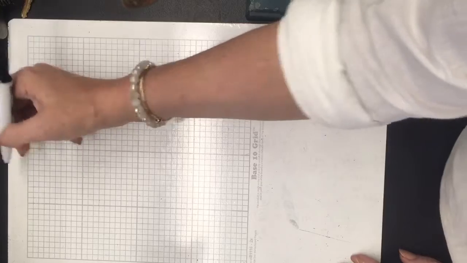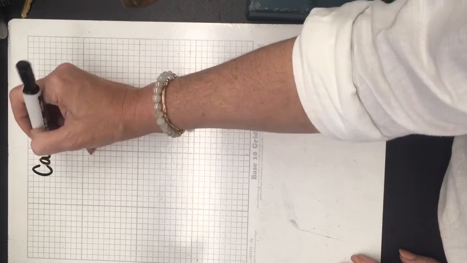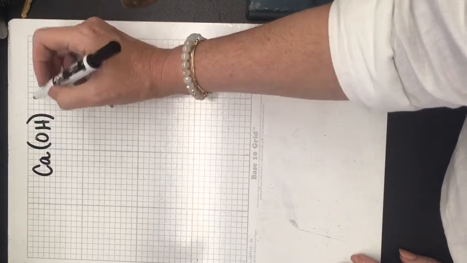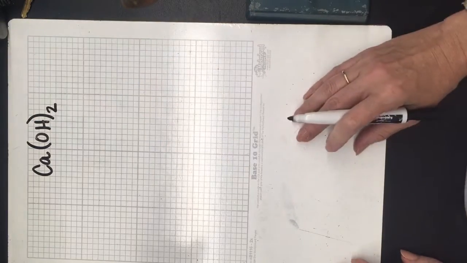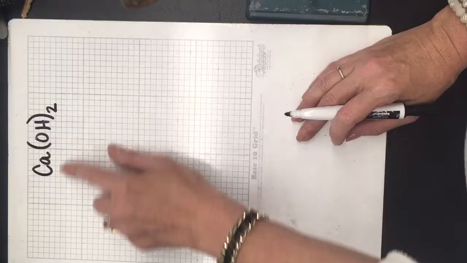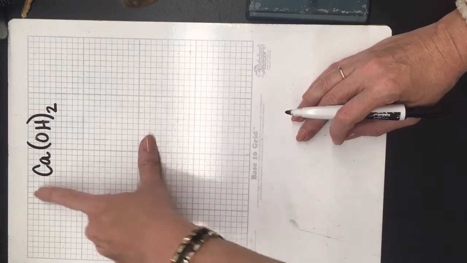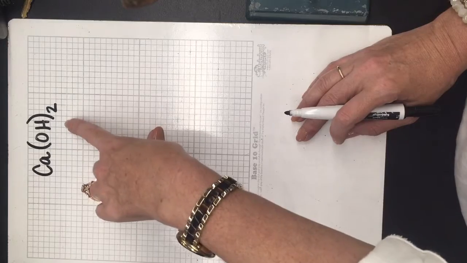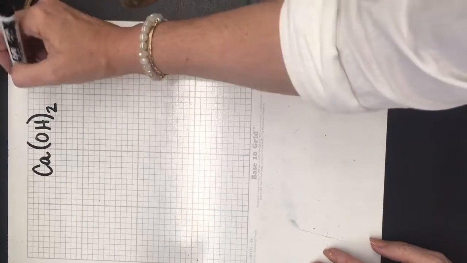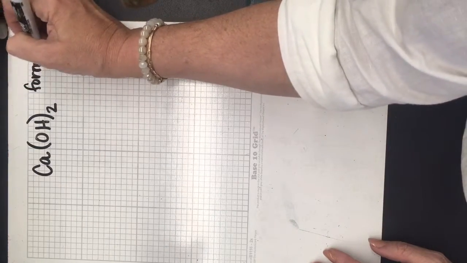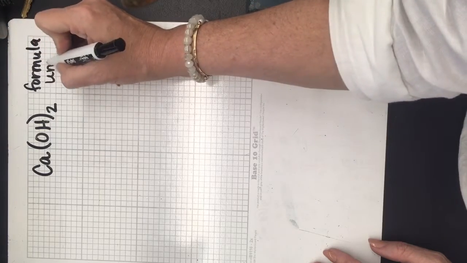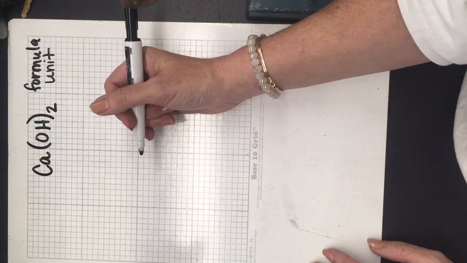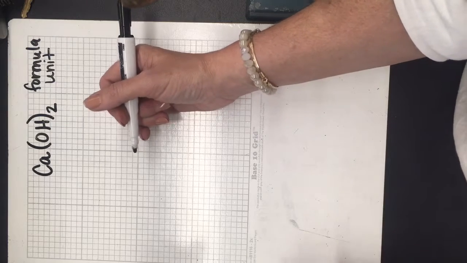So we're given a formula of Ca(OH)2, and it wants us to find the molar mass. So what it's saying here is I have basically 1 mole of this ionic compound. If it's an ionic compound, we call that a formula unit. If it was a covalent compound like water, we would call that a molecule of water.